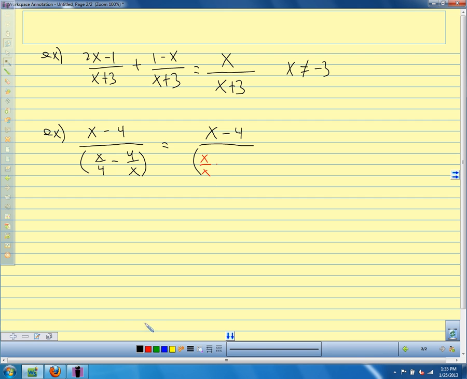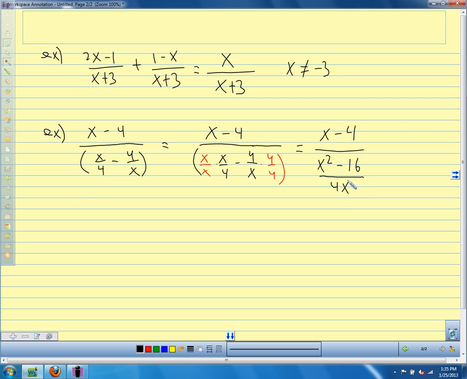Times x over 4 minus, and we're multiplying this side by 4 over x. We're multiplying this side by 4 over 4 to get our common denominator. So we get x minus 4 over x squared minus 16. This is x squared, this is minus 16, and our common denominator is 4x.